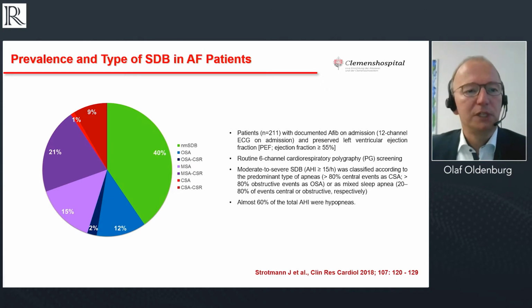Pure obstructive sleep apnea meaning that more than 80% of the events were pure obstructive, and only 9% were pure central. But 21% of these patients had some type of mixed sleep apnea. So I think it's worth at that point not only talking about pure obstructive sleep apnea, but we also have to take care of the mixed apnea and in some cases of the central sleep apnea.